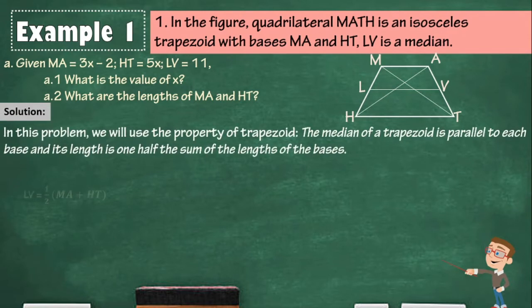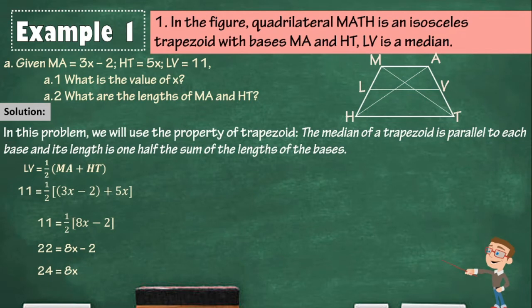So for our solution, we need to use this formula. LV is just one half the sum of MA and HT. Substituting the values, we will have 11 equals 1 half of 3x minus 2 plus 5x. And with that, we have x is equal to 3.